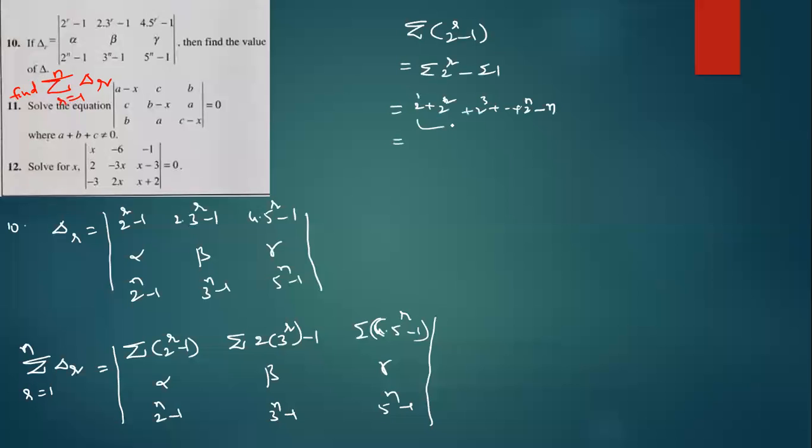What is the answer? These are in GP. So 2 power n minus 1 by 2 minus 1, because it is the sum of n terms of a GP, minus n. Am I correct? Into 2 formula.